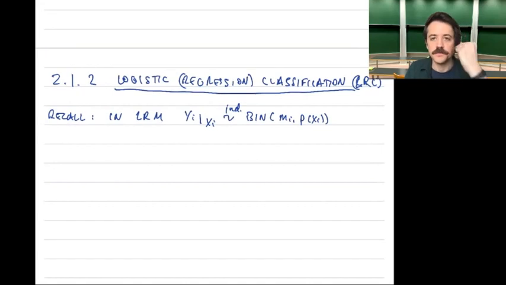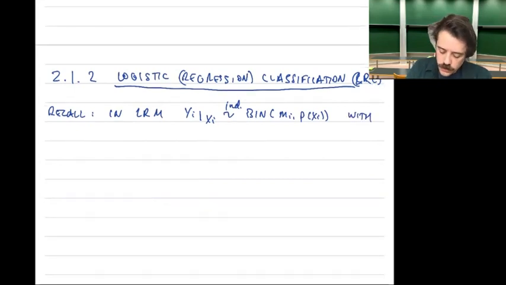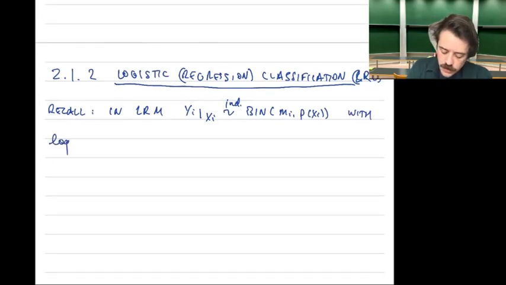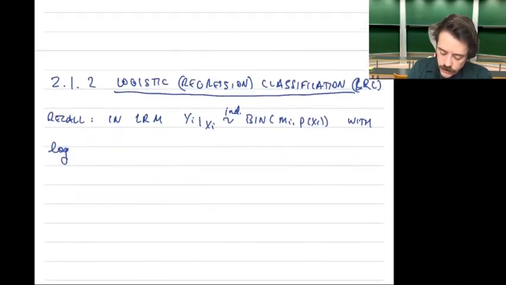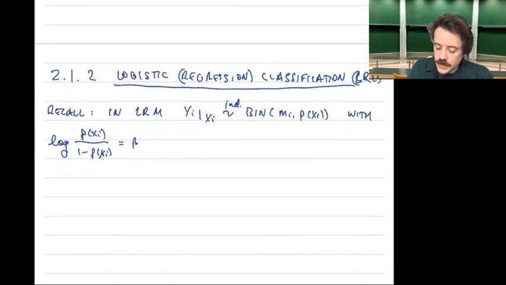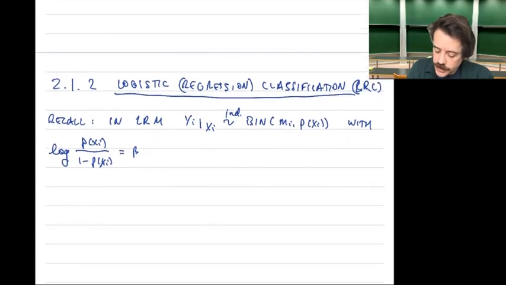And then the model for the probability was the following. We assumed the logit function of the p, which is to say this quantity, was basically the linear predictor.